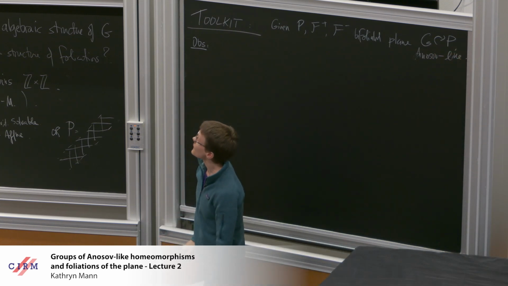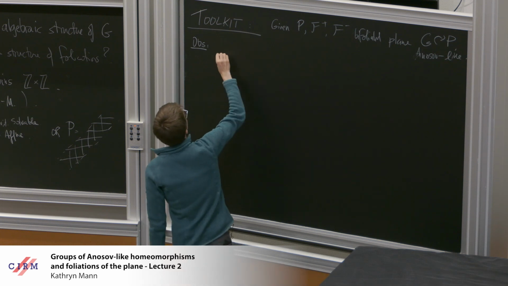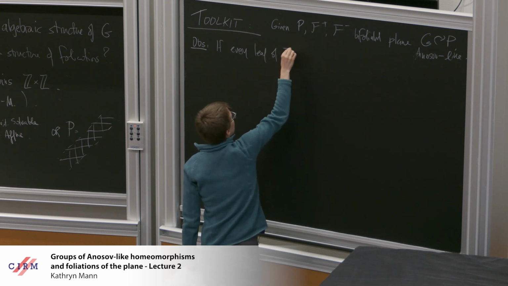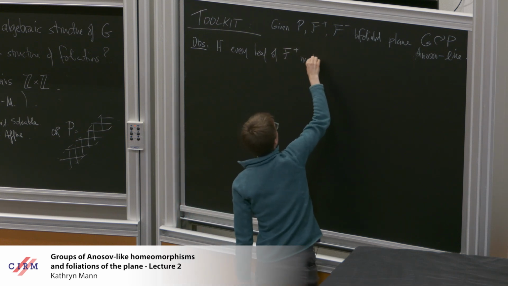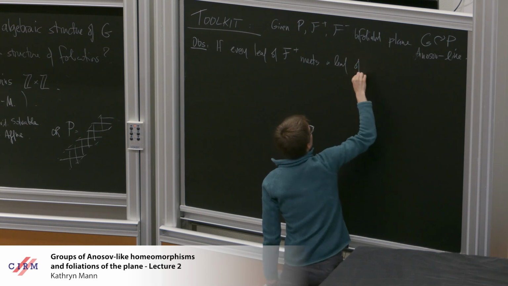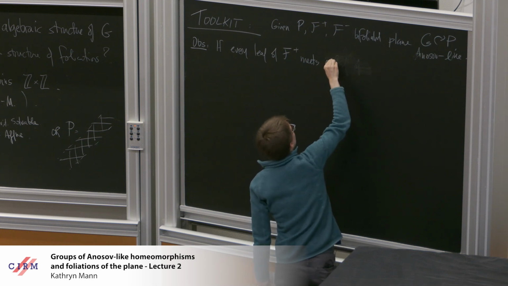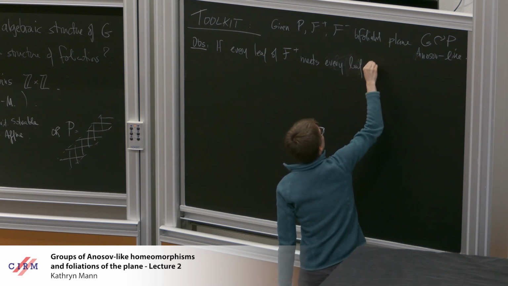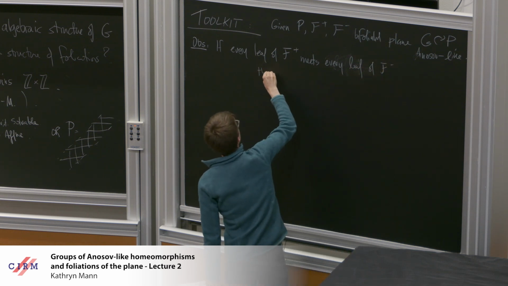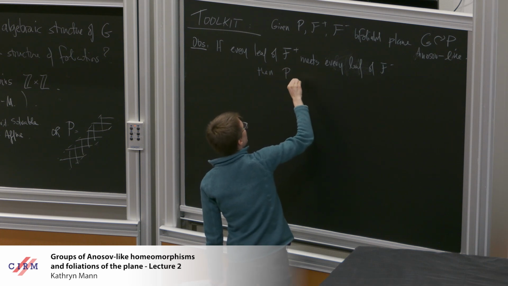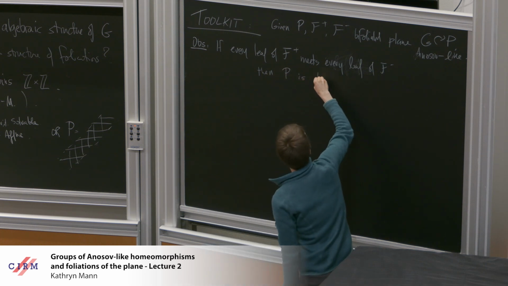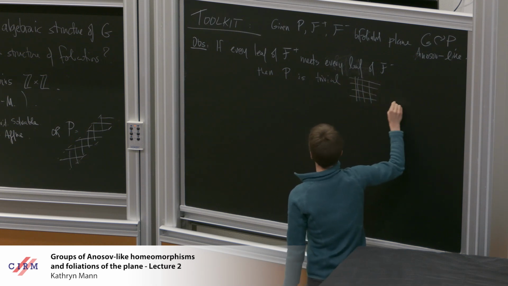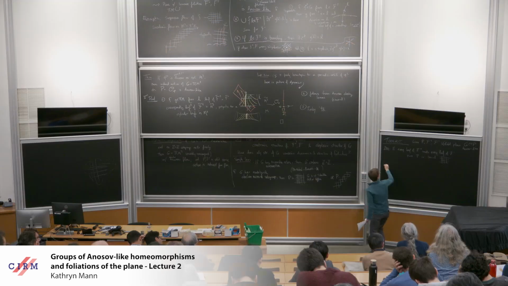So my first observation just about the plane itself was that if every leaf of one foliation meets every leaf of the other, just to make this an easy exercise, then your plane as a bifoliated plane is the trivial one, isomorphic to R2 with the standard coordinate foliations.